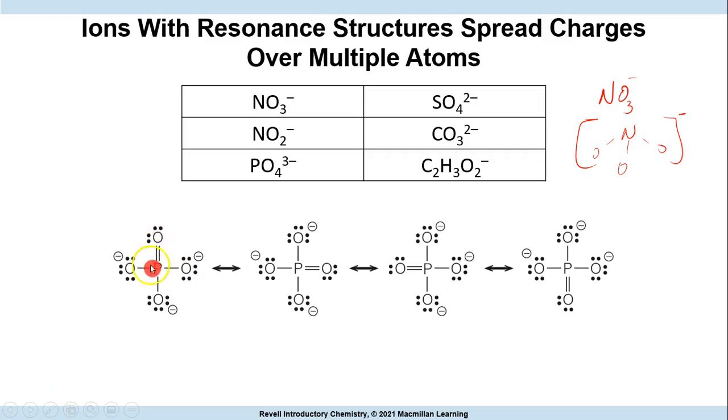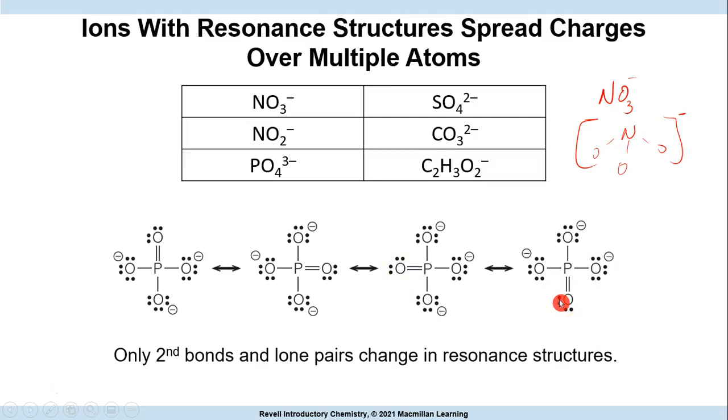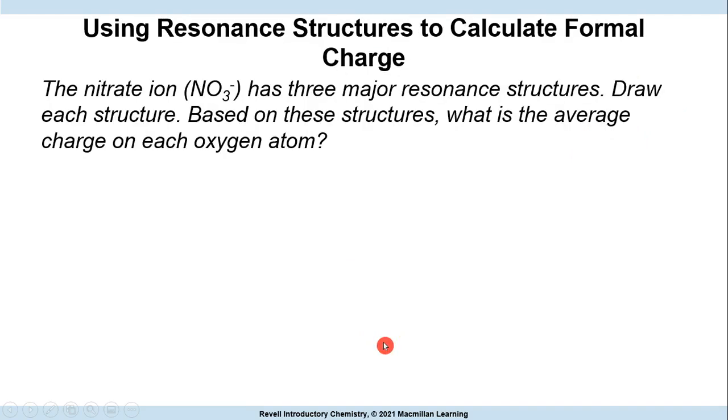You see that in the next structure we are going to convert this other one, in the next we'll convert this other one, next this one. So you see here, these are the resonance structures. We have the double bond at the top, here we have the double bond at the side, here at this other side, and here at this other side. That is to say that only second bonds and lone pairs are changed in resonance structures. Here we've changed just the second bond and the lone pair. So that is the resonance structure, and the charge is spread over the atoms.